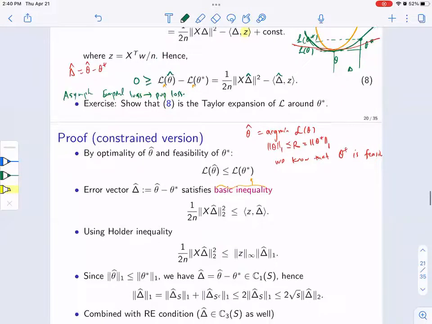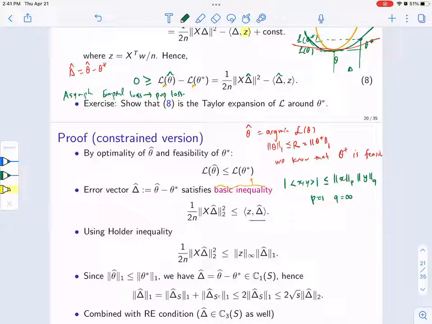So we have this inequality. At this point, I'm going to bound this by Z infinity. You know this Holder inequality; if you have looked at the matrix norm write-up that I had, there's this general inequality of Holder. A special case is where p is 1, q is infinity. These are the Holder pairs.